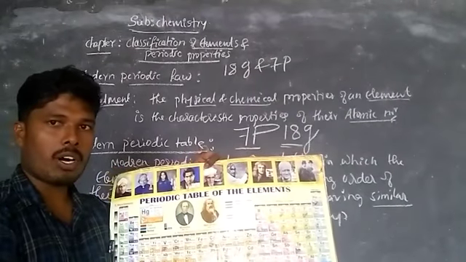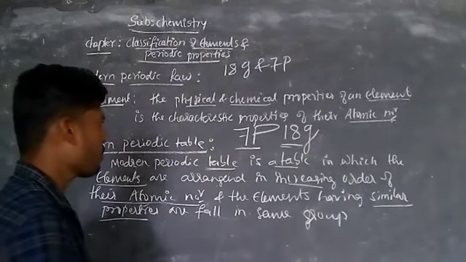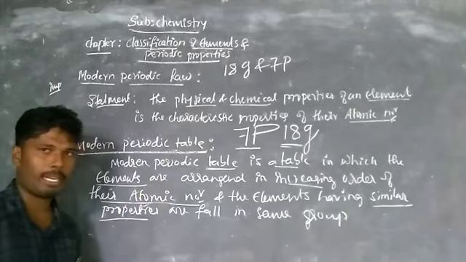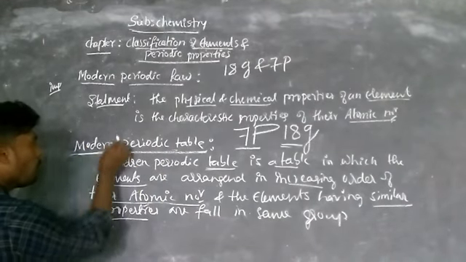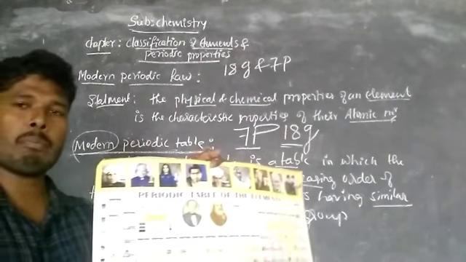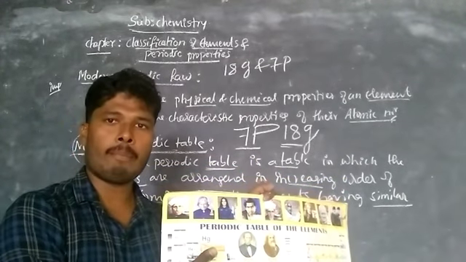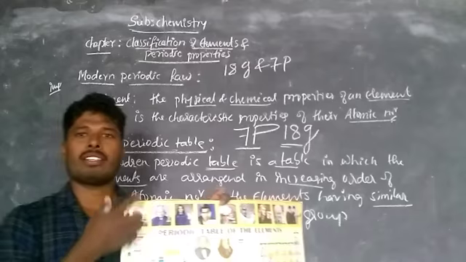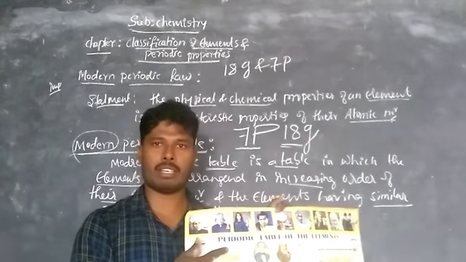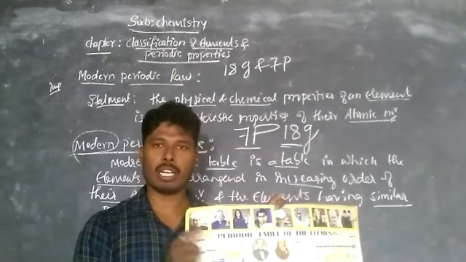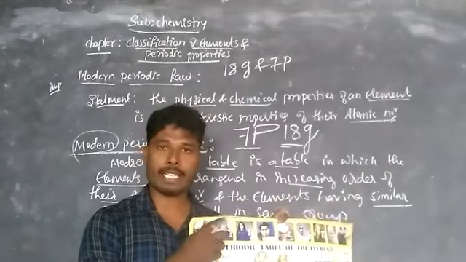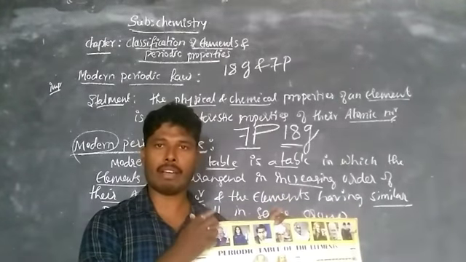This chart or this table we call what? Modern periodic table. Why do we call it modern? Before we got this table, many people arranged elements by their own rules or laws, but those did not satisfy or obey all the conditions or properties of an element, so they failed.